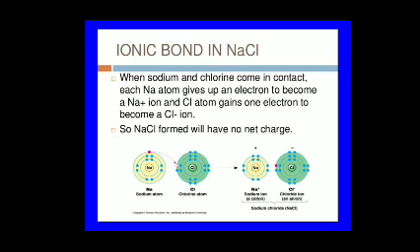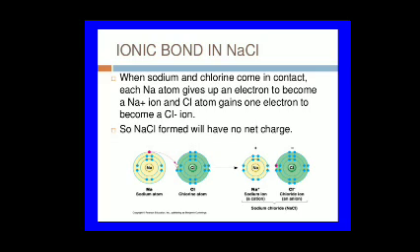When this electron is lost from the valency shell, it forms the nearest inert gas neon configuration, that is 1s2, 2s2, 2p6, the 2, 8 configuration.